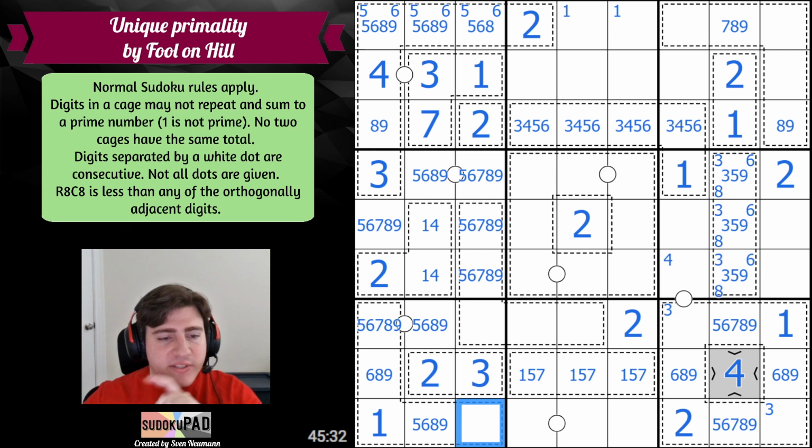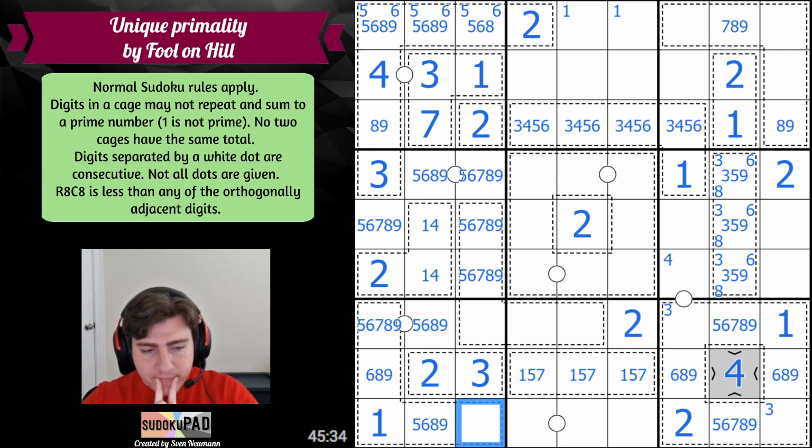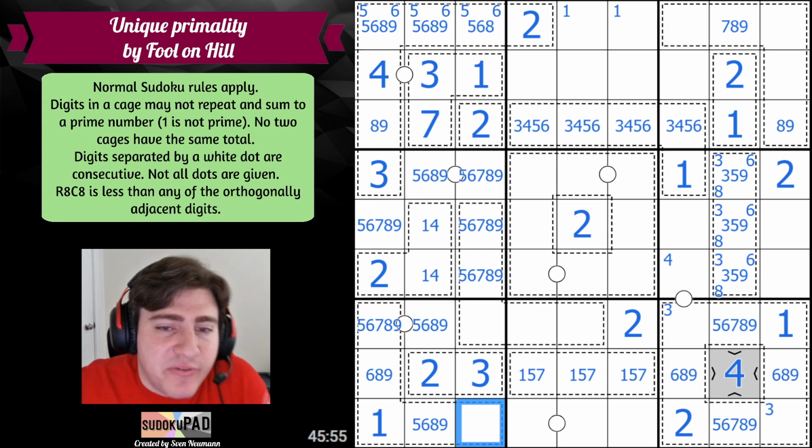It could still be 4, 5, 6, 7. We're fine there. Unless I'm doing math wrong, I'll double check again. 4, 5, 6, 7 is 22 plus 1 is 23. So 23, 29, 31 we still haven't figured out somehow.